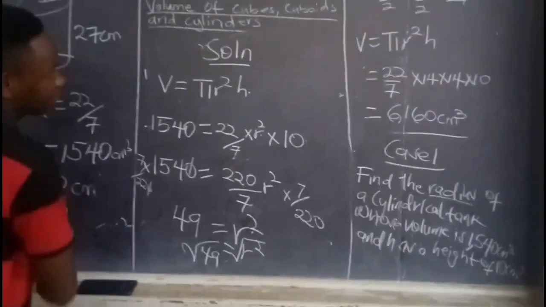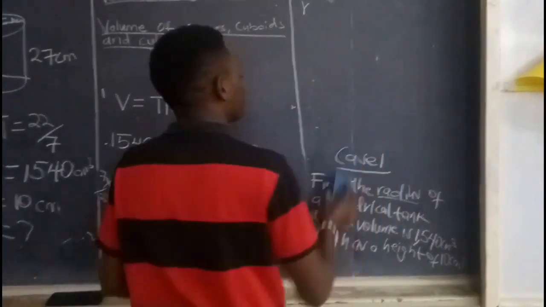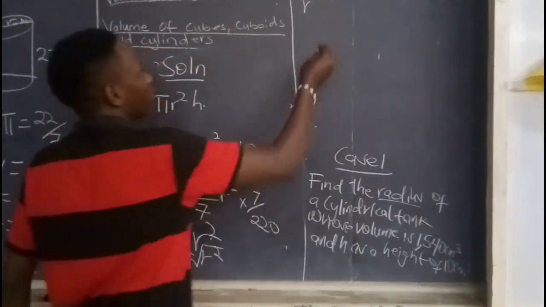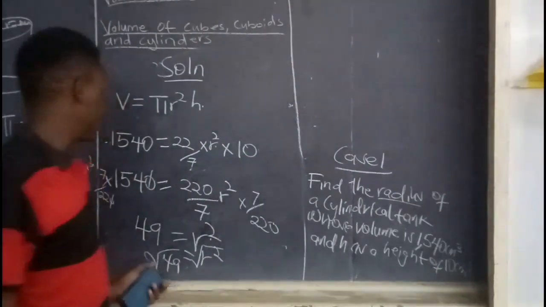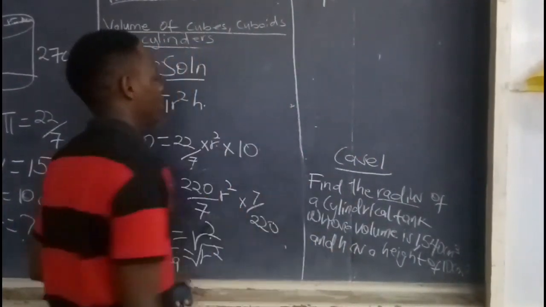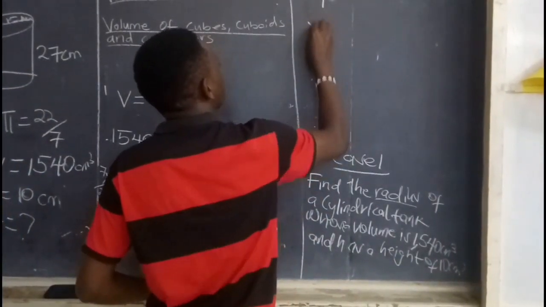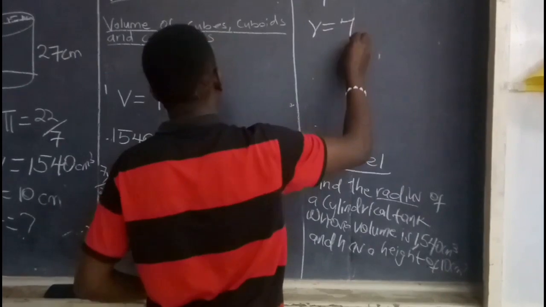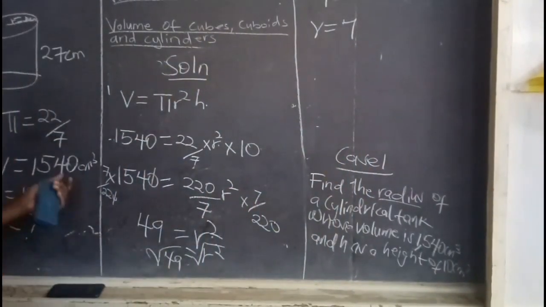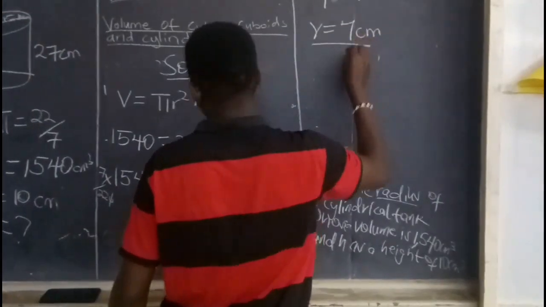The square root of 49 is 7, and the square root of r squared will be r. So your answer will be r is equal to 7. The units that we used are centimeters, so it will be 7 centimeters.